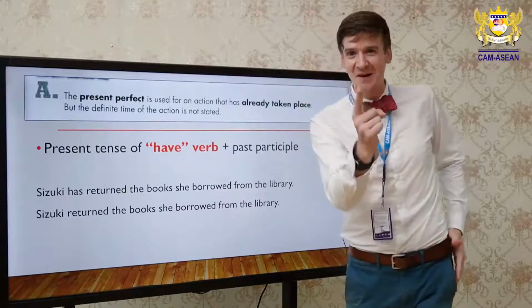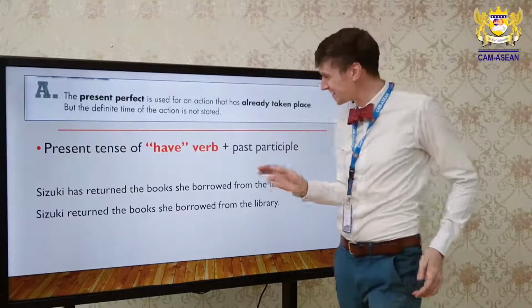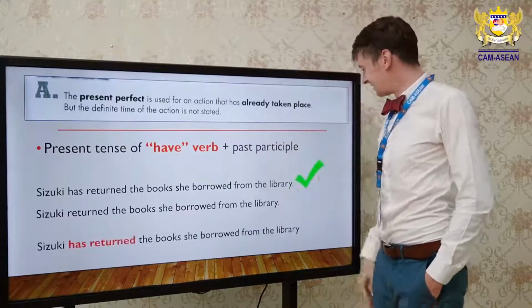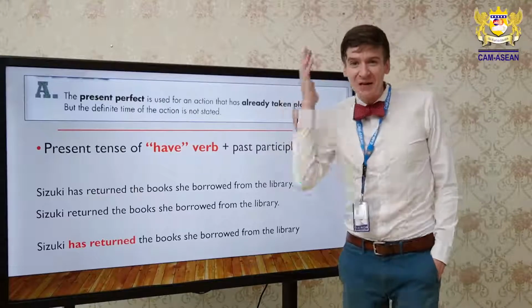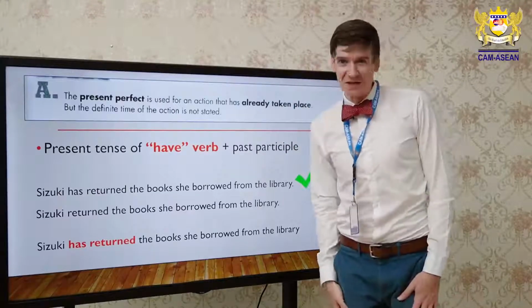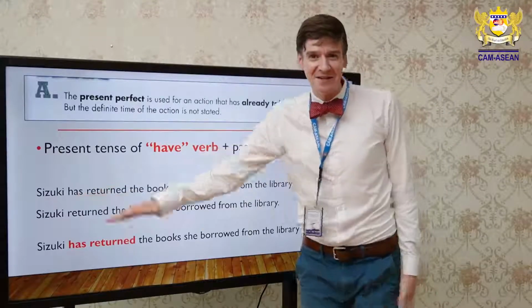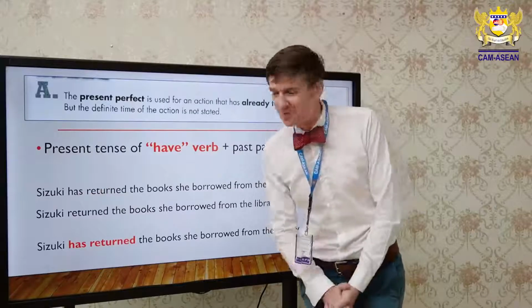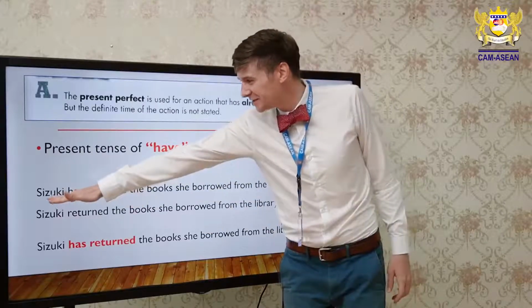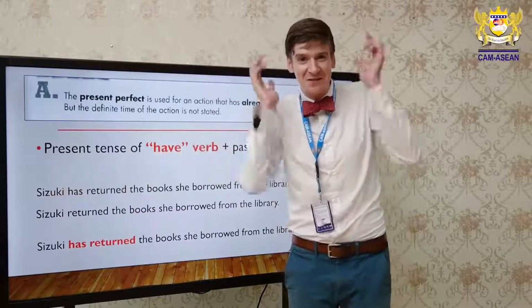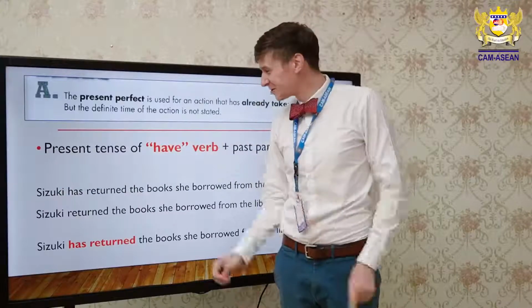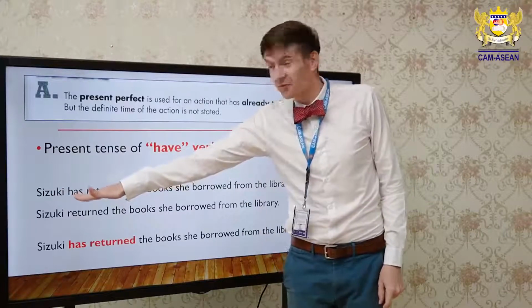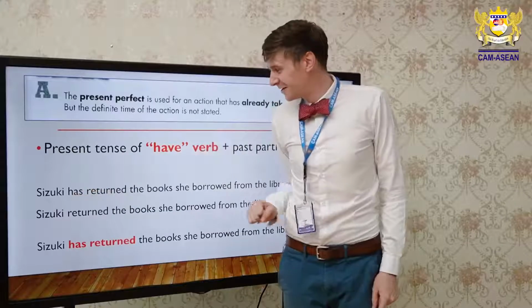Okay, and we're back. All right, so you guys guessed it right. Look at this. We know it's present perfect because it has a has in there. It has the have verb. Suzuki is a singular subject, so we use a singular verb form, has.